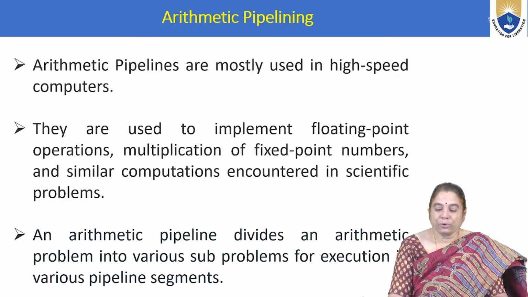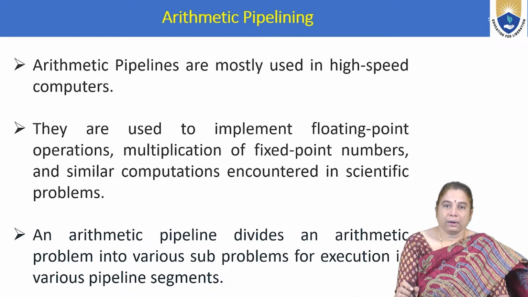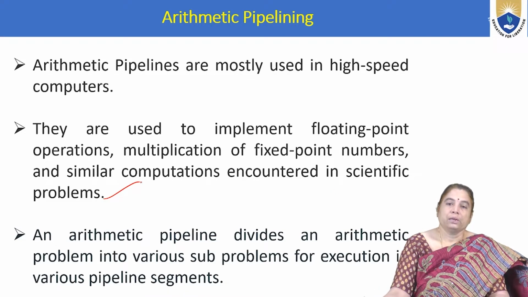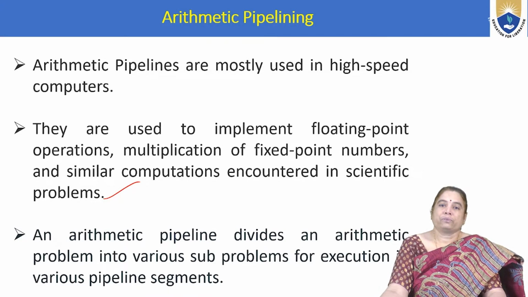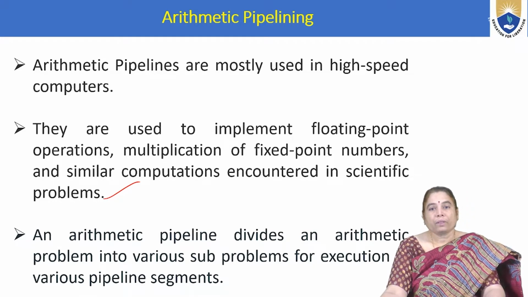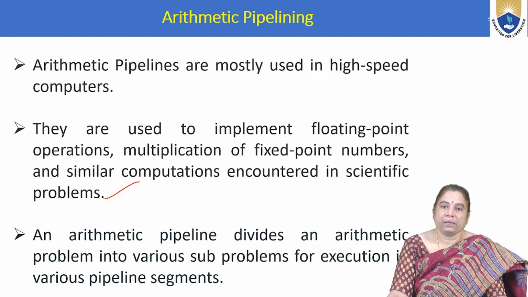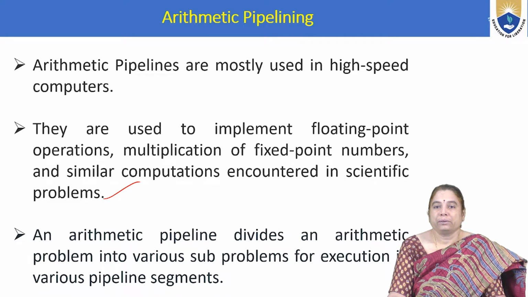So they are used to implement floating point operations, multiplication of fixed point numbers, and similar computations encountered in scientific problems. Generally, the parallel processing systems can be used to support the engineering and scientific applications where computation intensive and data processing intensive applications require these types of computers.